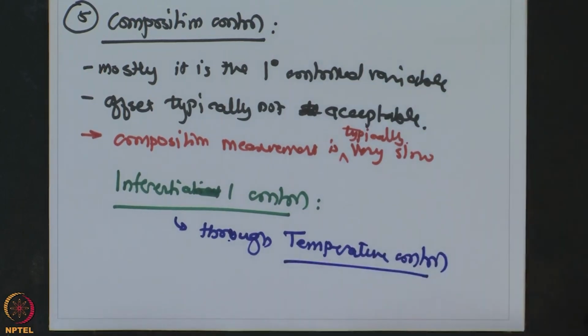So even though we want to control a particular composition of a particular stream, we would not directly have a composition controller, but we will have a temperature controller which will ensure that if the process runs at that particular temperature, the composition control will be ensured. The composition control in that case would be part of a higher level controller, also known as a supervisory controller. So let me explain that through an example.